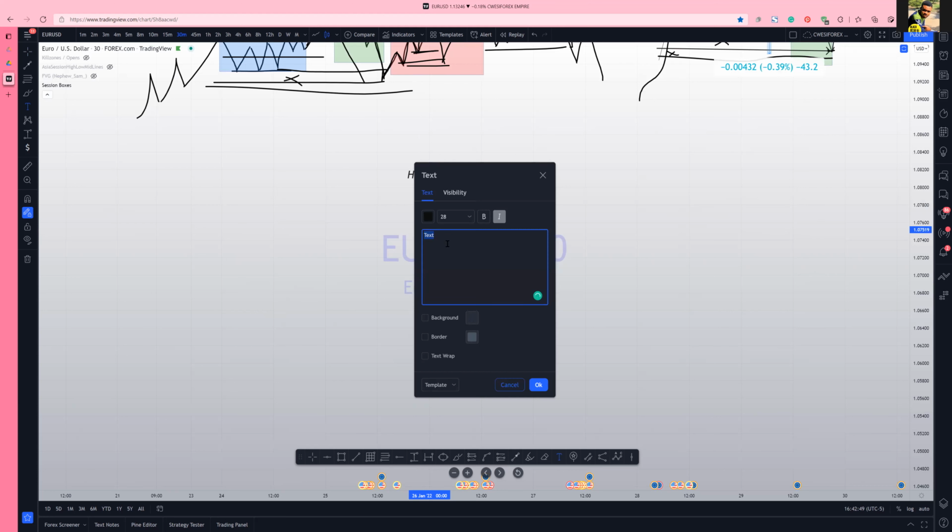So we have a simple order block, a simple OB. Stop hunt plus break of structure plus order block.